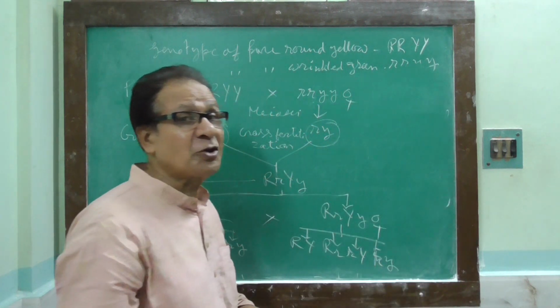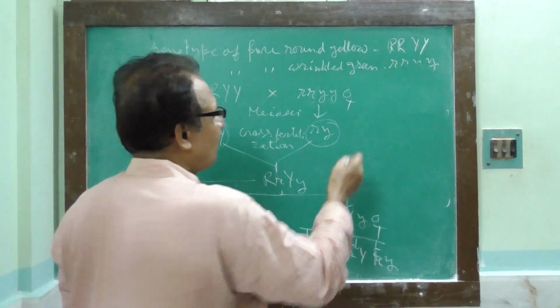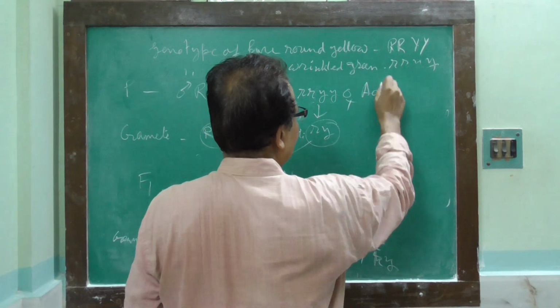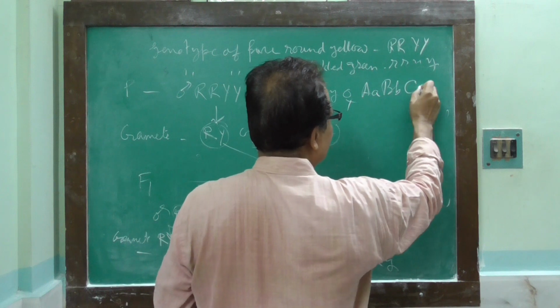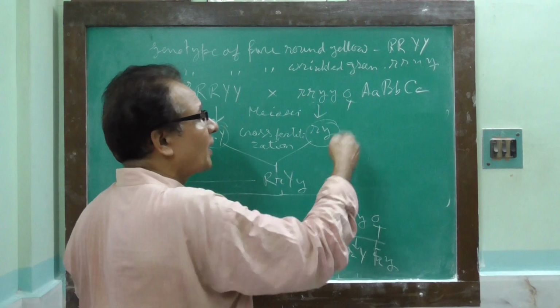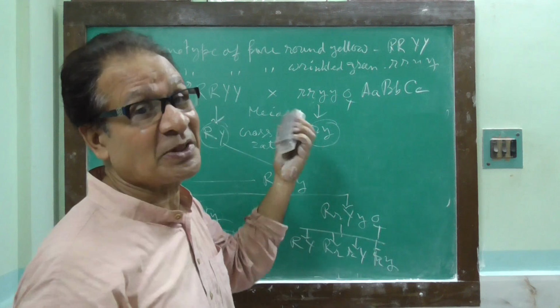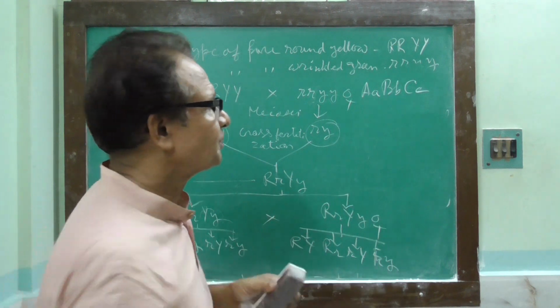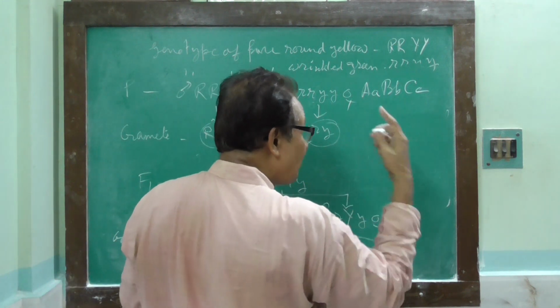If you are given three pairs of chromosomes, suppose capital A, capital B, and capital C, small c, then 8 types of gametes are produced, 2 to the power 3, 2 into 2 into 2. You follow the same rule.